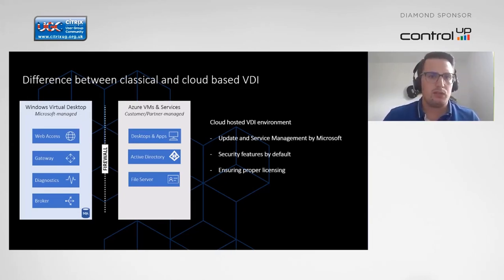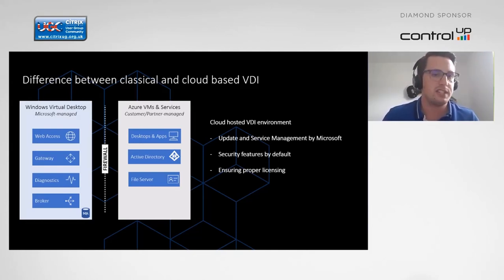But when we look at what advantages we have in such a cloud-hosted VDI environment, we see that update and service management will be completely done by Microsoft when it comes to the infrastructure components you see on the left-hand side.